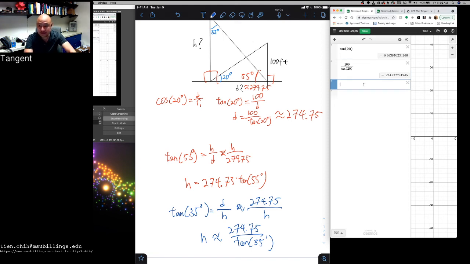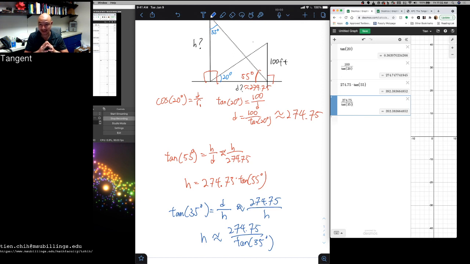So let's go ahead and compute these two ways. 274.75 times tangent of 55 degrees gives us a height of about 392.38 feet. On the other hand, 274.75 divided by tangent of 35 degrees gives us a height of about 392.38.